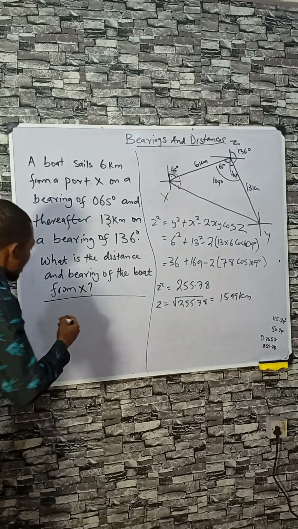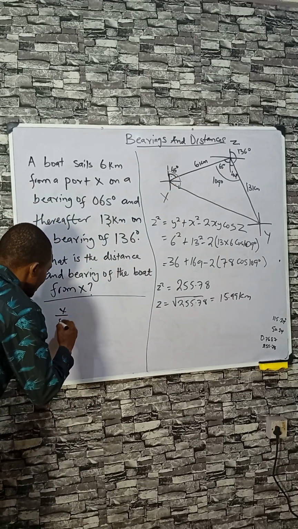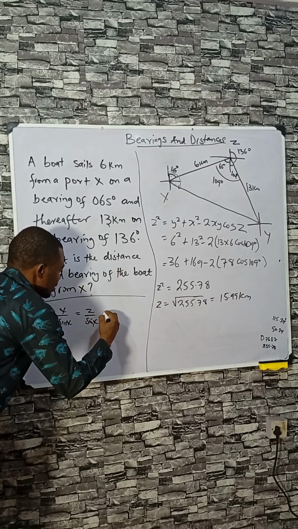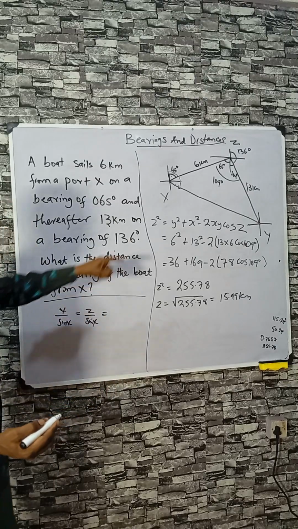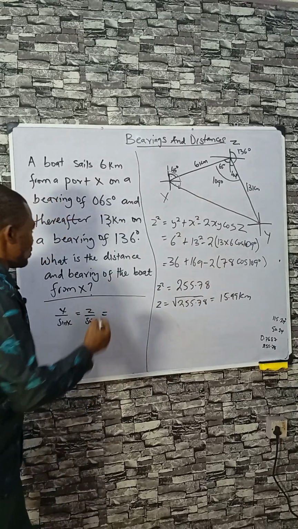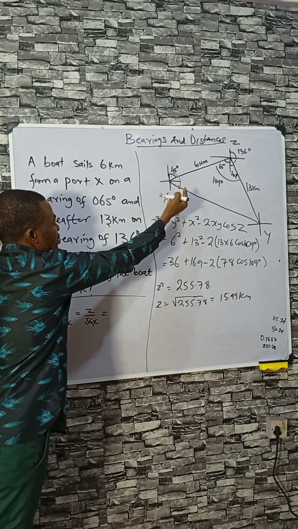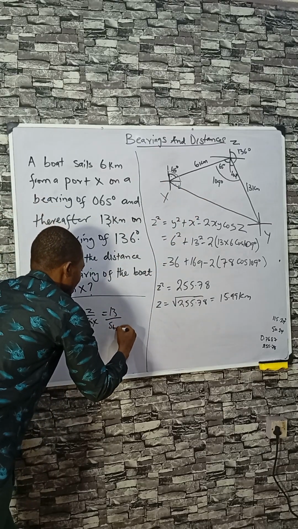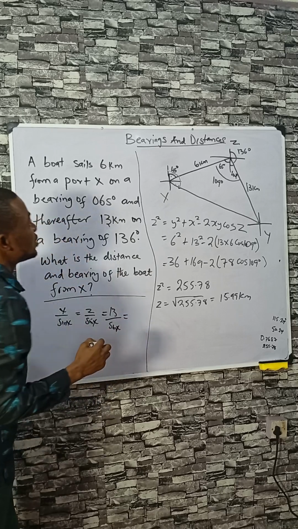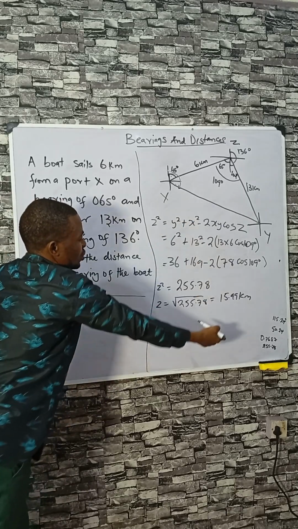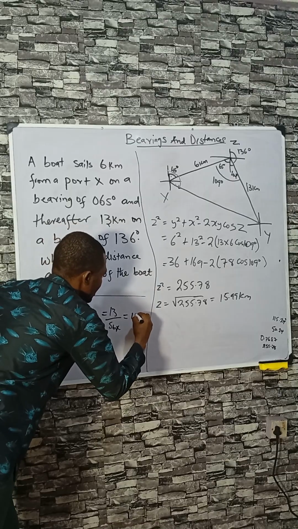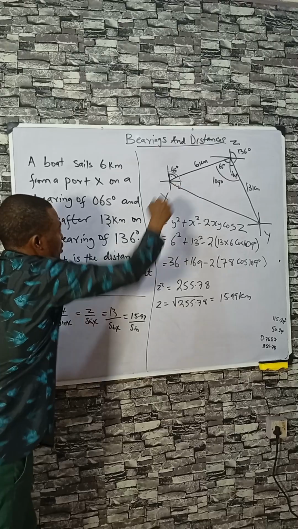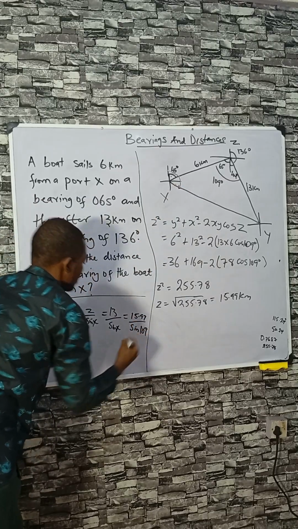So if I use, let's say, x divided by sine x, then z divided by sine z, that will be x, the length there, opposite this point, is 13, divided by sine x, the angle that we're looking for, then z, which is the one we just calculated, to be 15.99 divided by sine, the angle there is 109 degrees.